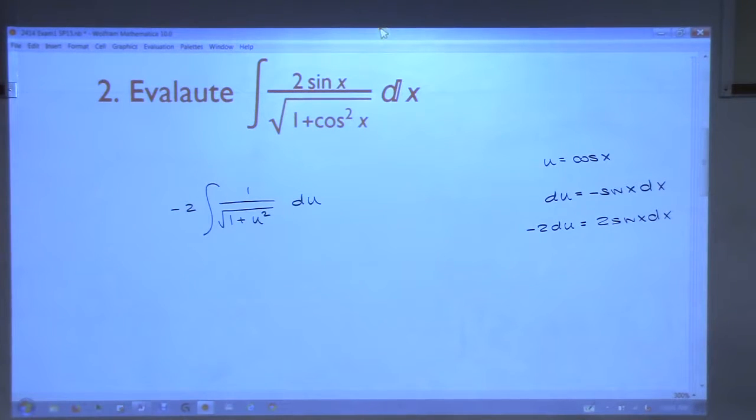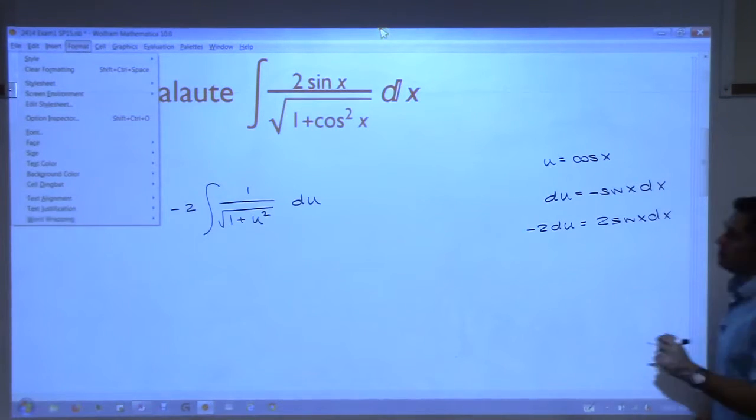Yes, formula number 31 on reference page number 5 shows that the derivative of the inverse sine hyperbolic function is 1 over the square root of 1 plus x squared. So this would have to be something that you recognized from your derivatives.